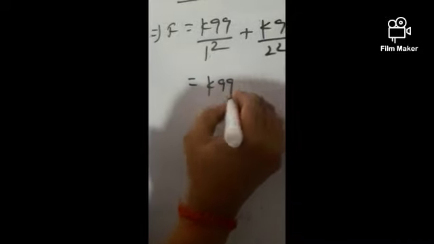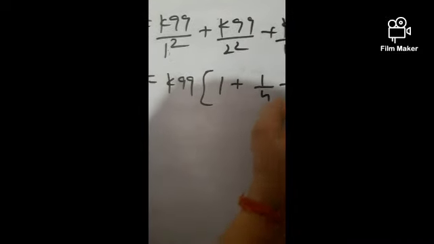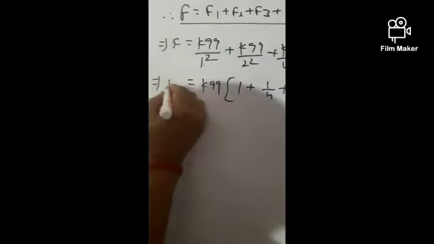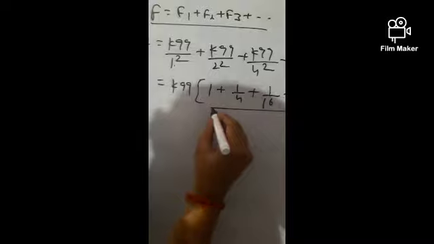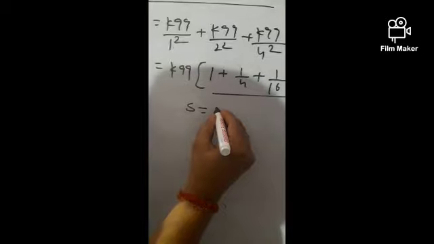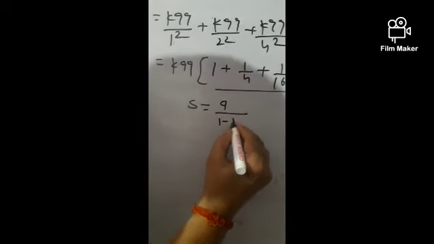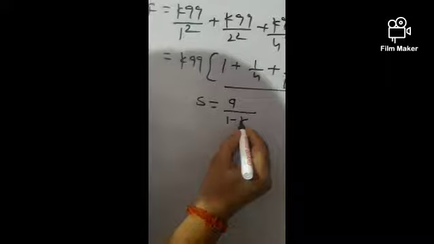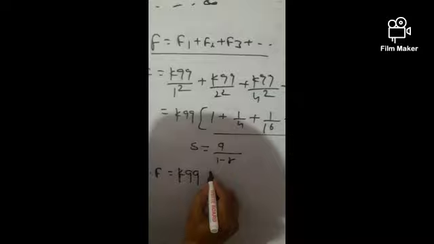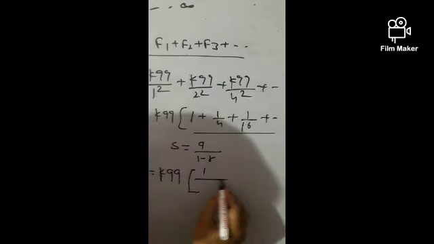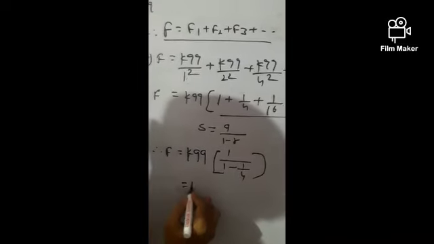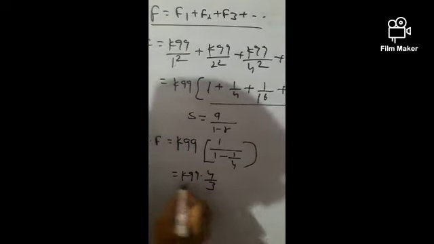That equal to constant QQ into 1 plus 1 by 4 plus 1 by 16 plus so on, which is in GP series of infinite terms, and sum of infinite terms in GP series S equal to A upon 1 minus R, where A is first term and R is common ratio. Therefore F equal to constant QQ, A first term means 1 upon 1 minus R, common ratio means 1 upon 4, which is equal to constant QQ into 4 upon 3.